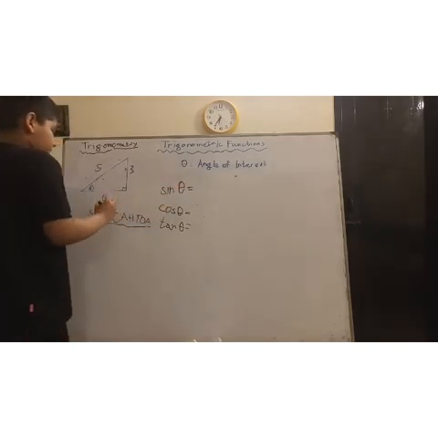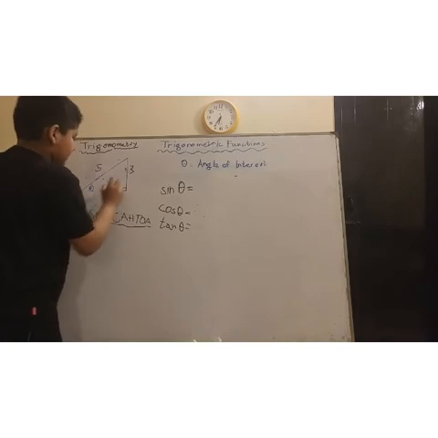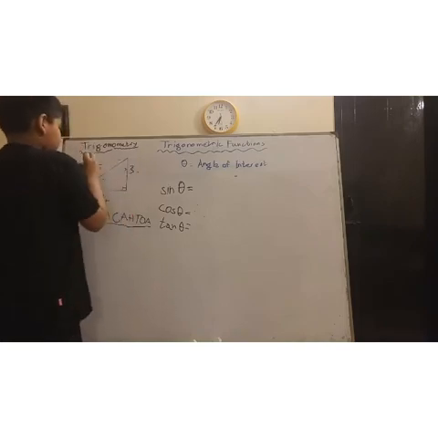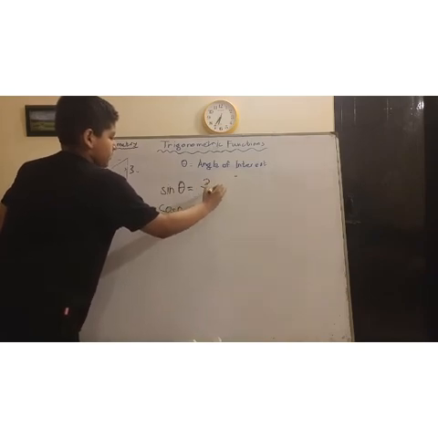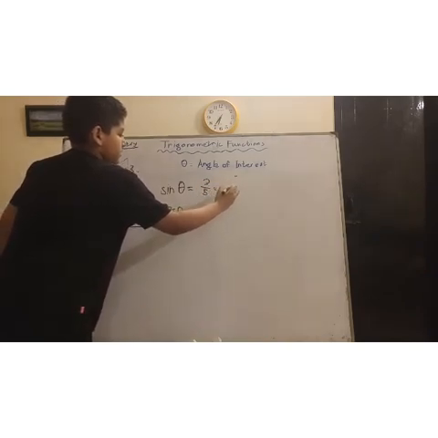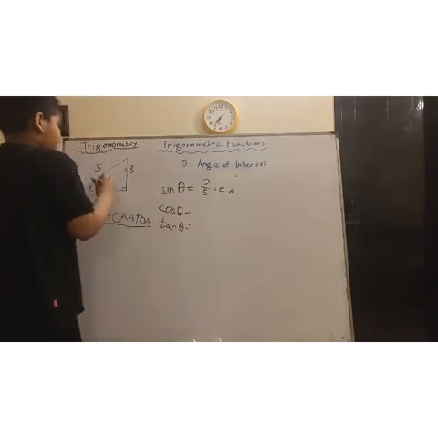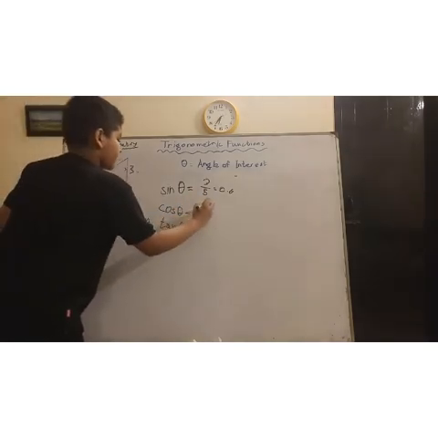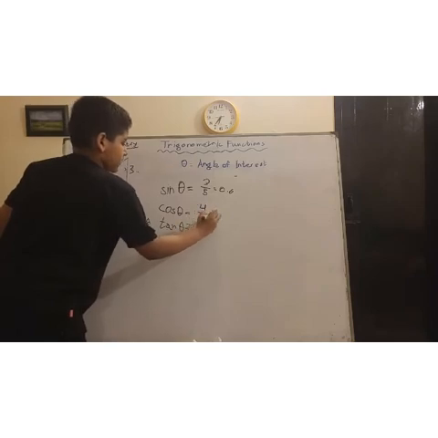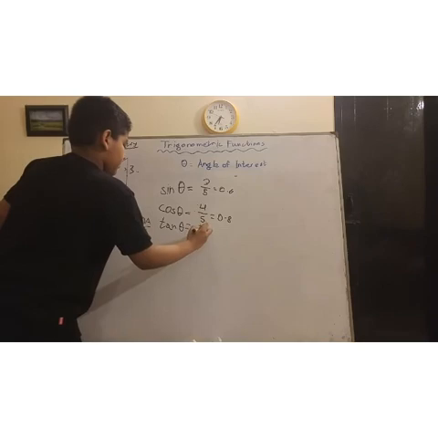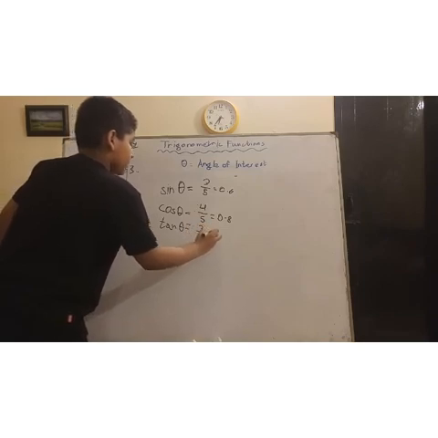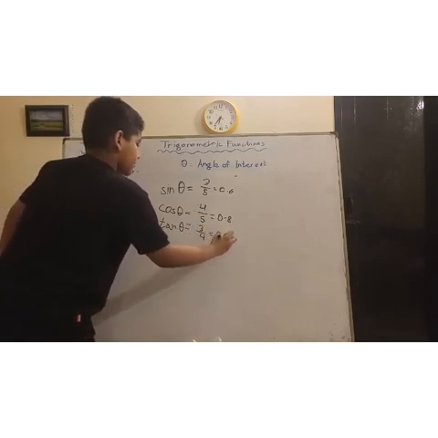Here we would see that this is the opposite and this is the hypotenuse. So this will be 3/5, also 0.6. This would be 4/5 or 0.8. And this would be 3/4 or 0.75.